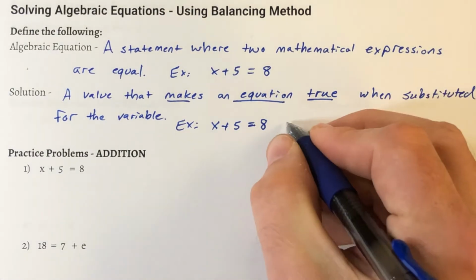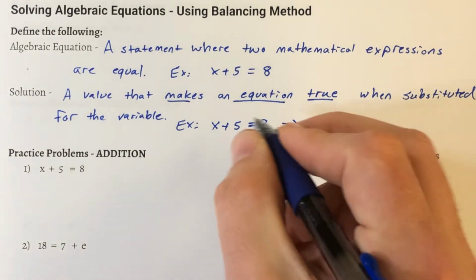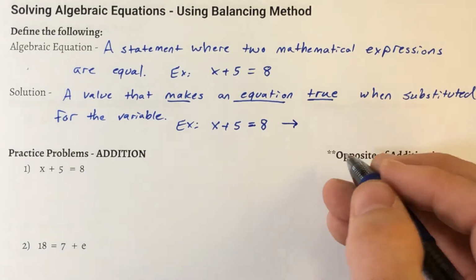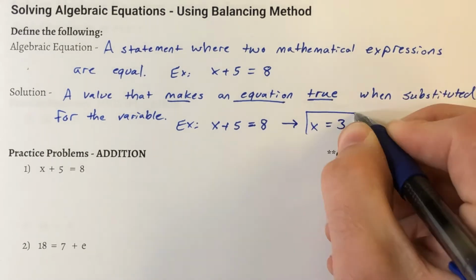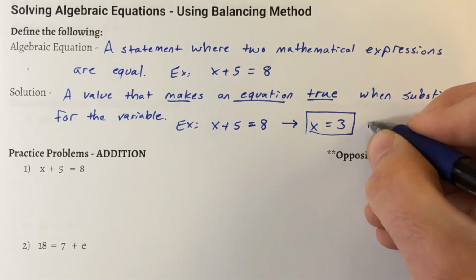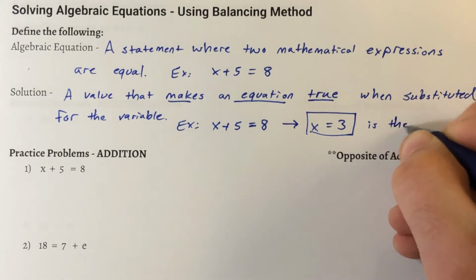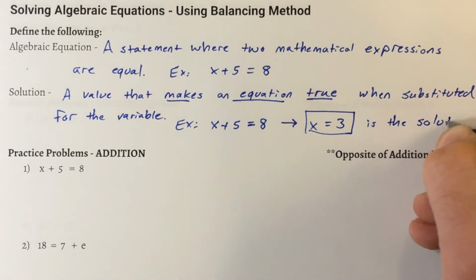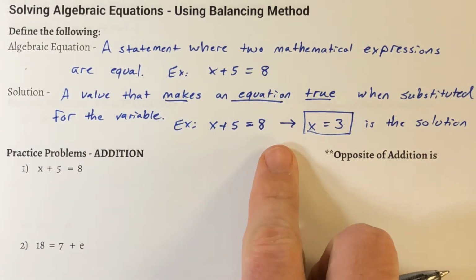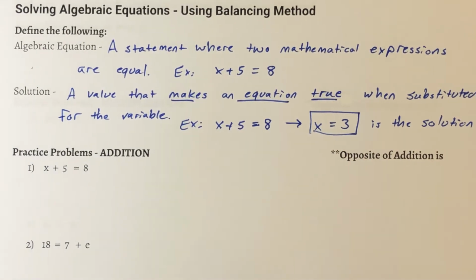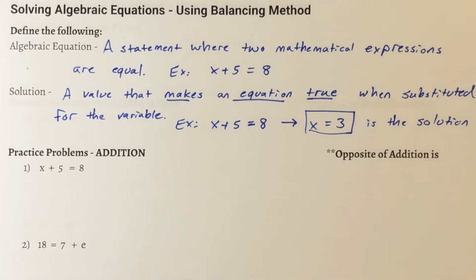So in this case, what would x need to be to make it 8, to make both sides the same? Well, x would need to equal 3. So x equals 3 is the solution. And this is not showing any work, so this is not going to help you on a more advanced equation.